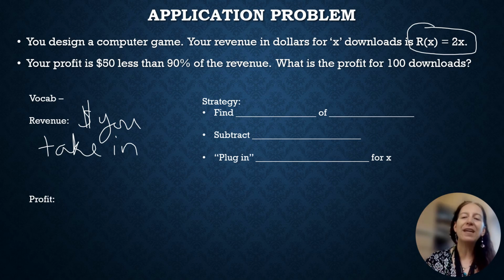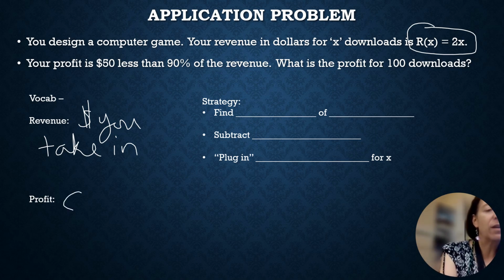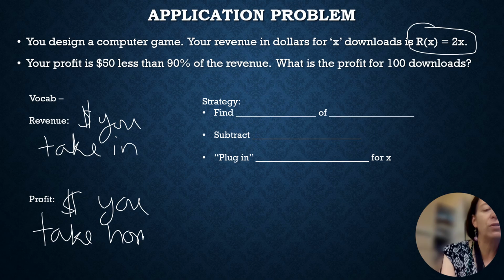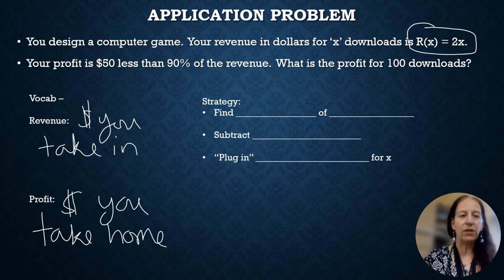Now, your profit is going to be a different number. Your profit is, I'm going to define this again simply, the money you take home. Because you don't take home all of your revenue. If you own a business, you probably have to lease a building, you have to pay your employees, maybe you have to pay for a software thing that you use, you have to pay an app store to advertise your game.